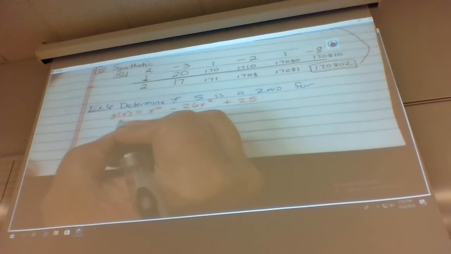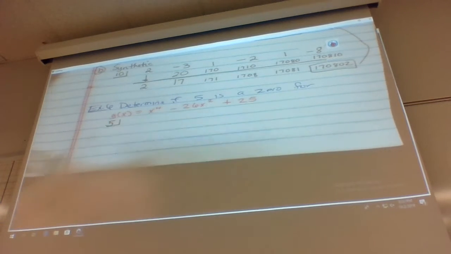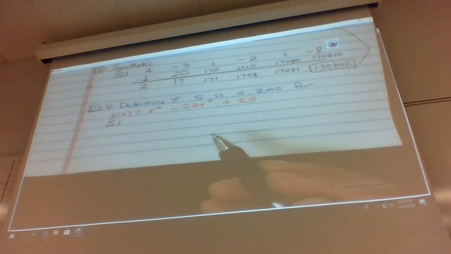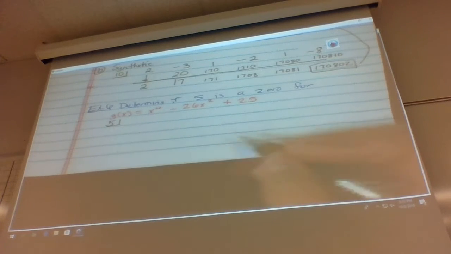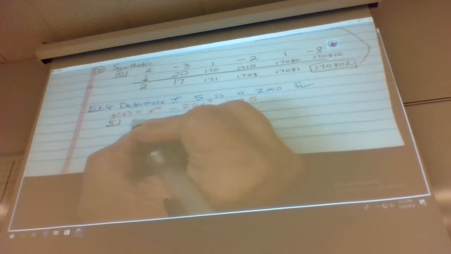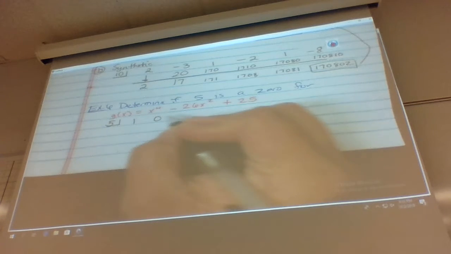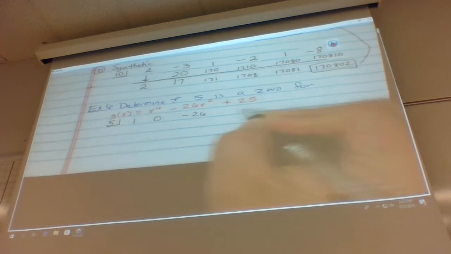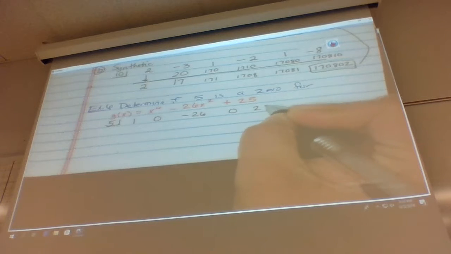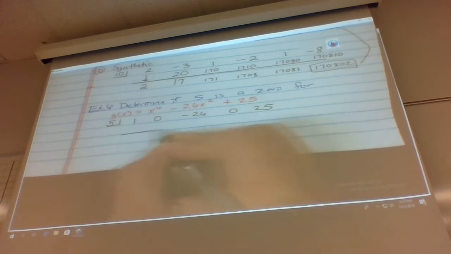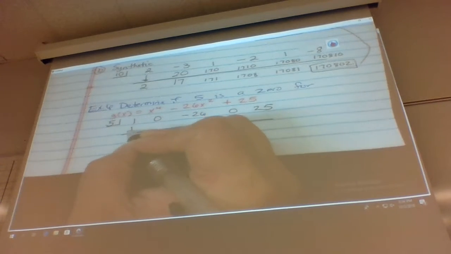Now, when I do synthetic division, what are the numbers I'm gonna put here? 1, 0, negative 26, 0, plus 25. Alrighty. We bring down the first one. Why is there a one? Because it's x to the 4th and there's a 1 there, even though we don't see it.